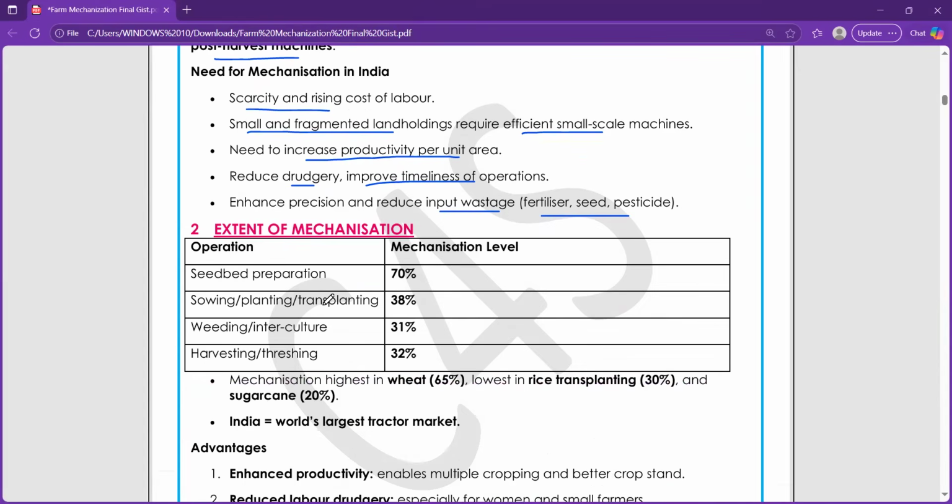Okay, so here is the extent of mechanization as per ICAR, showing what percentage level of mechanization a particular operation has. Here you can see the maximum level of mechanization holds for seed bed preparation, whereas a similar 31 to 32% holds for weeding and interculture, and harvesting and threshing processes.